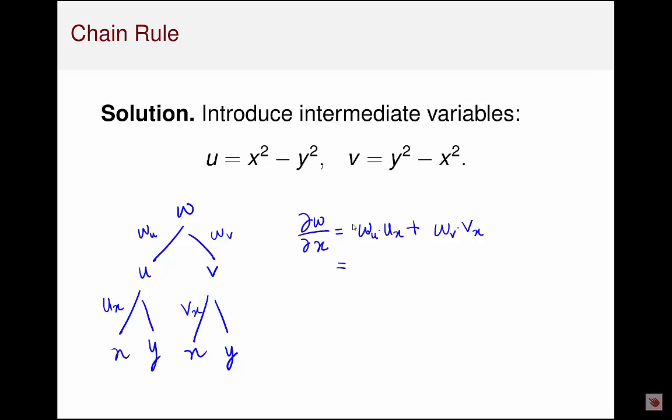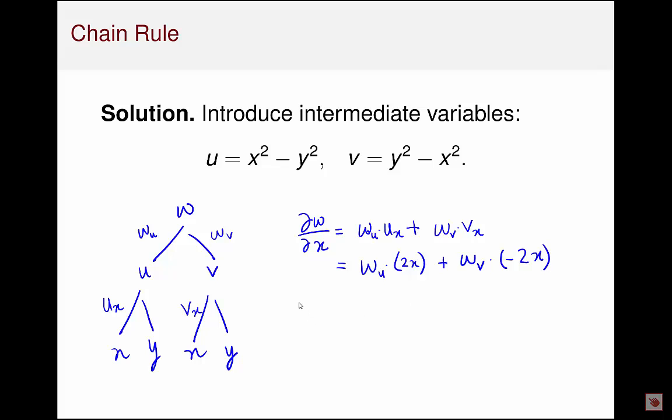We have no information about the function w, so we can't compute this, but we have information about u and v. So let's compute those. So u_x is just the derivative of u with respect to x, that is just 2x. We can't compute w_v, but we can compute v_x, which in this case is equal to minus 2x.